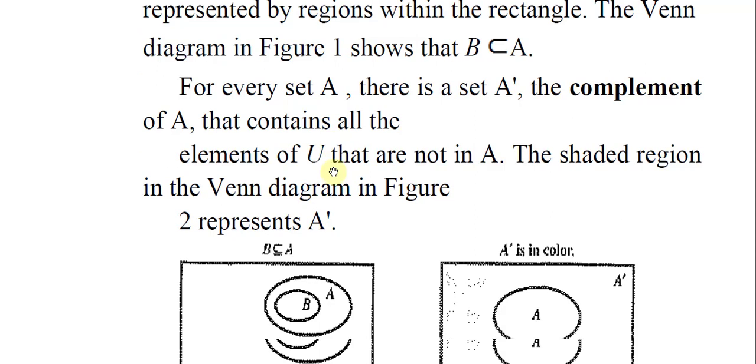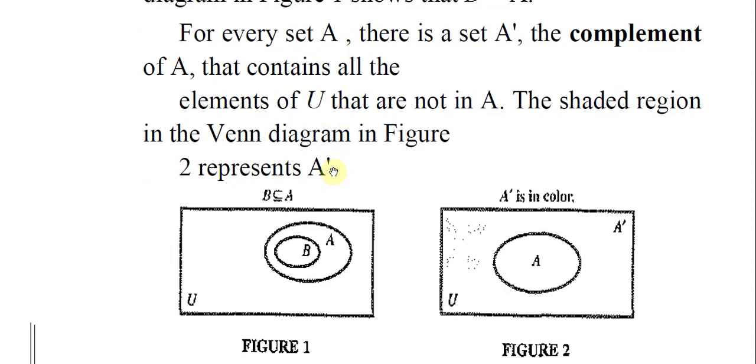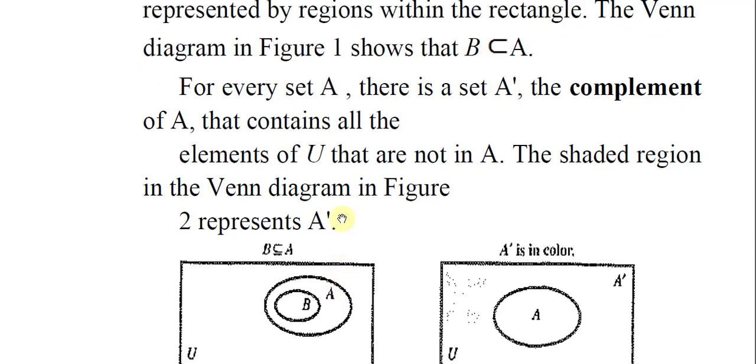For example, here in figure 1, this figure shows that B is a subset of A, and they are from this universal set. The universal set we denote by U.